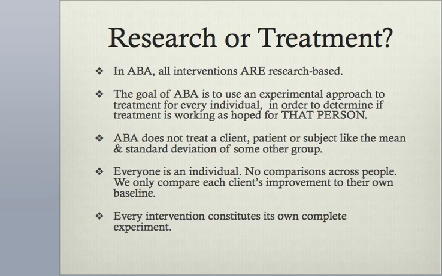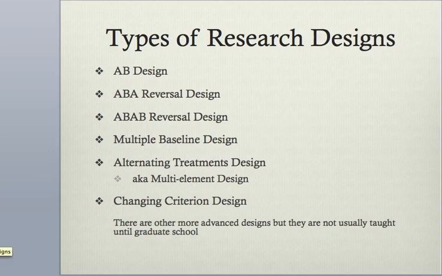Every intervention constitutes its own complete experiment. It's really important that we only compare each client's improvement to their own baseline measures. All right, so that's the logic for the underlying mechanism of using ABA reversal designs.